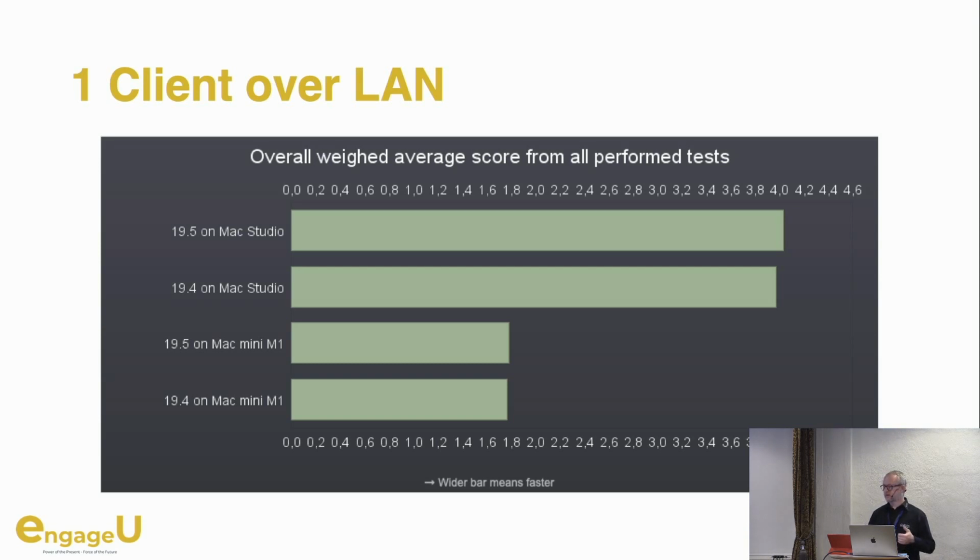First, I tried to run the complete standard test, all those 111 tests, on both versions, and they were quite comparable. Although 19.5 generally was a little bit faster, it was not a decent change.